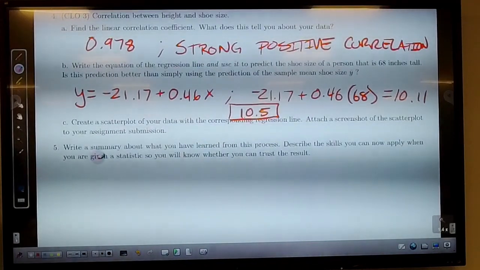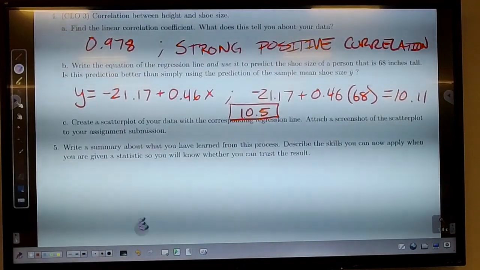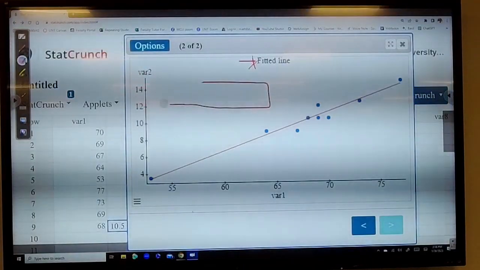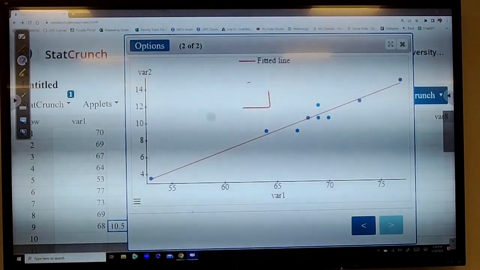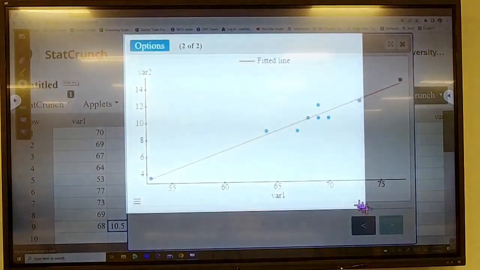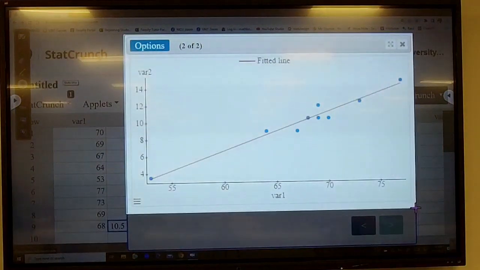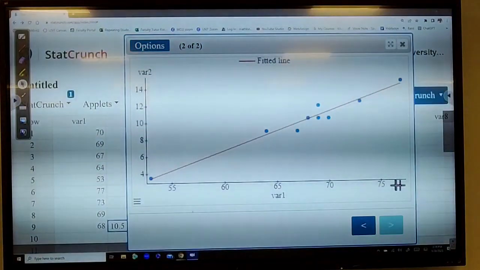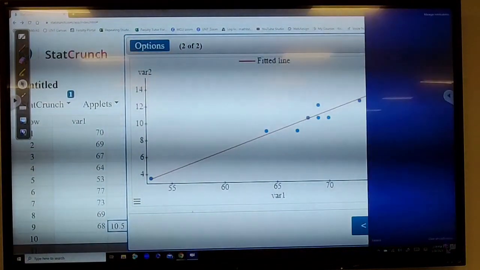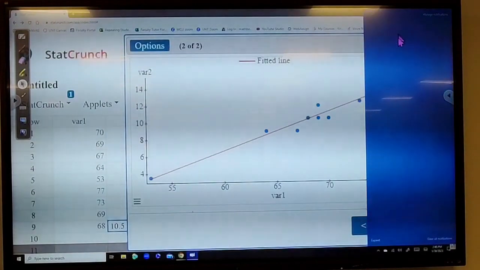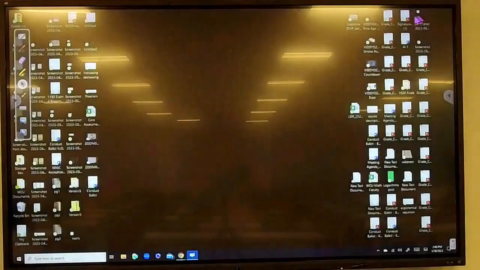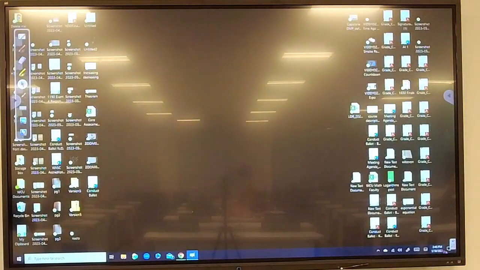Oh, that's so fortunate for us because we used StatCrunch, so there it is right there. And I will just take a picture of that. And then it saves it, for Windows at least, it saves it in your clipboard until you do something with it.